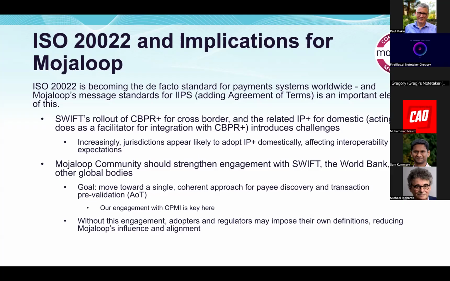So the Mojaloop community should strengthen our engagement with SWIFT, the World Bank, and other global bodies, moving towards a single coherent approach for payment discovery and transaction pre-validation. And Michael's engagement with CPMI and the broader ISO 20022 community is a key element of this. And we are therefore at risk of adopters and regulators imposing their own definitions, reducing Mojaloop's influence and alignment. And so Michael is at the forefront of our response to that.